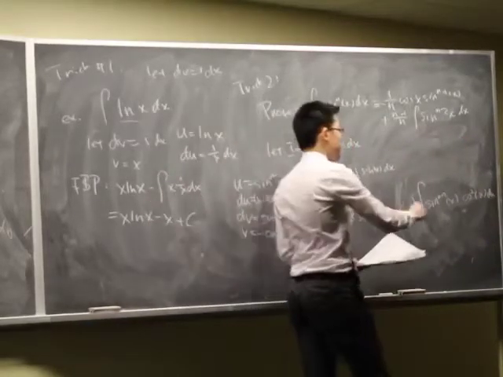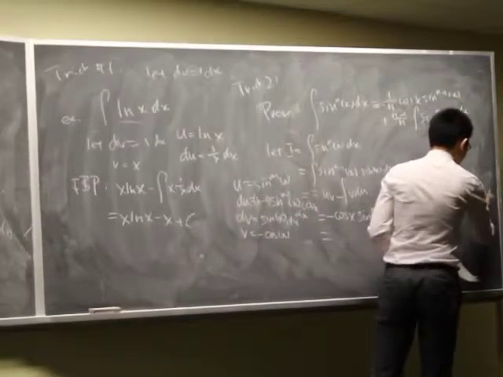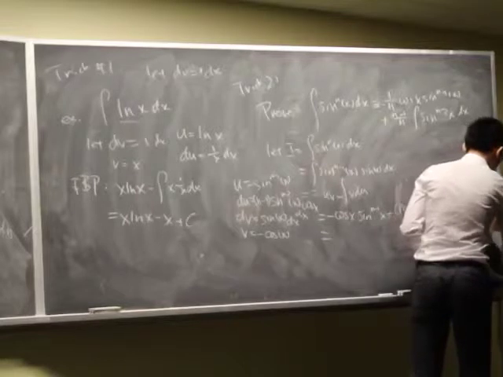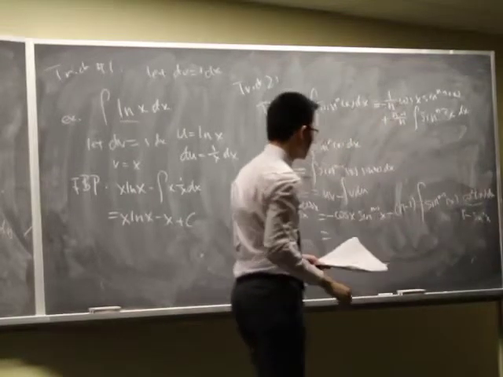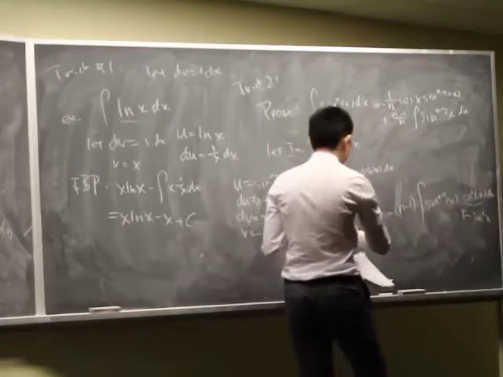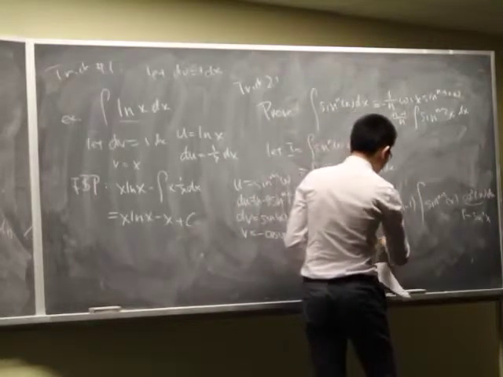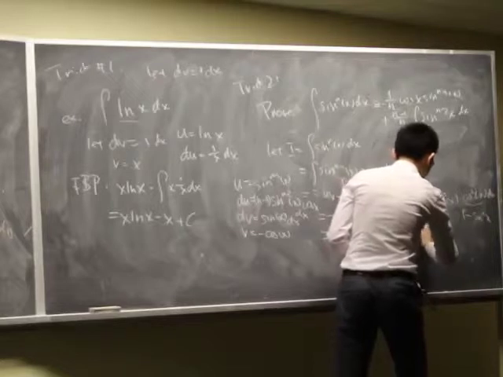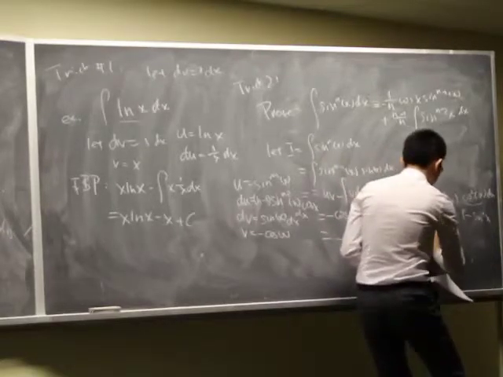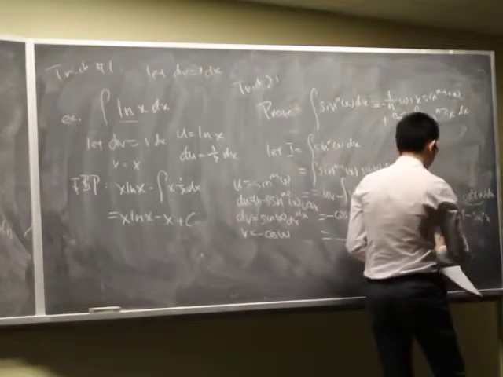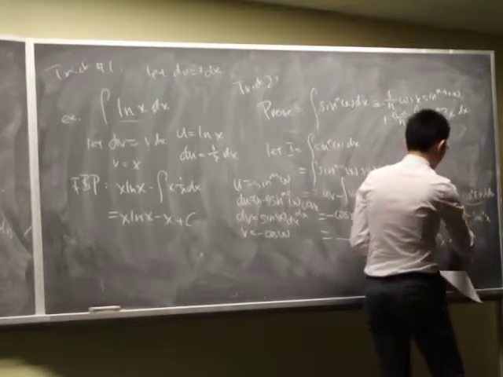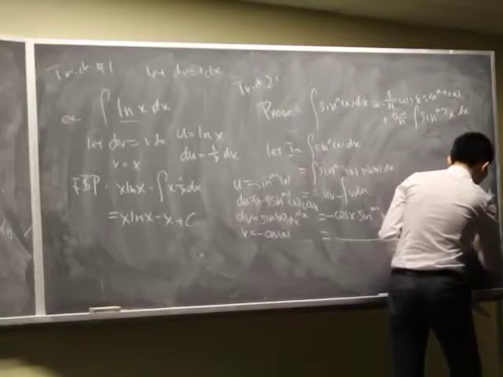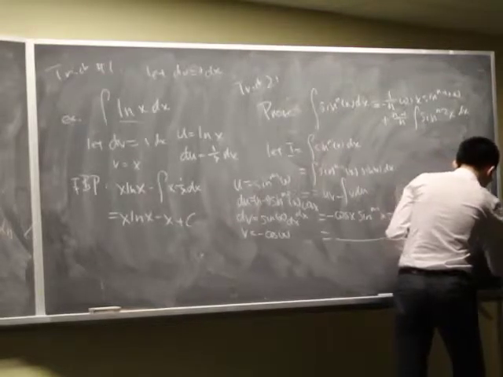And now what do we do? We have a cos squared x. This is equivalent to 1 minus sine squared. Substituting that in, we get this entire expression in the front plus (n-1) times the integral of sin^(n-2) x minus the integral of sin^n x.